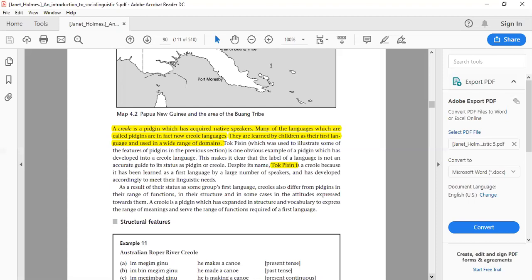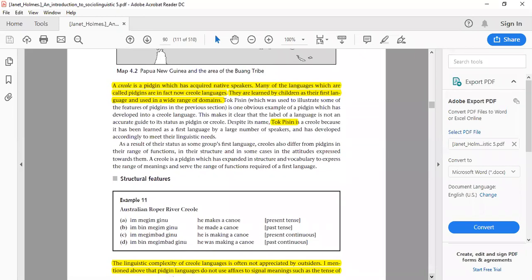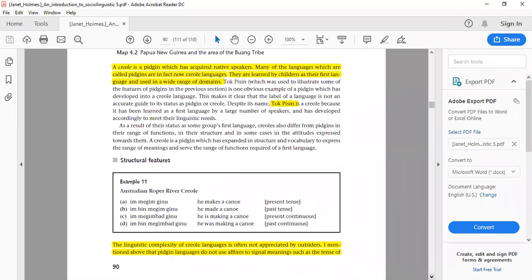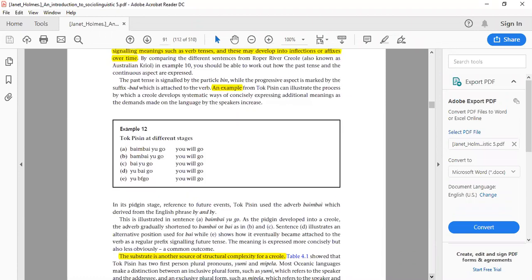If previously there were only three tenses, or one tense, or different inflections, then more complex inflections are added, or more structures are added, and the grammar is developed in that language. That is why it is considered a Creole language.